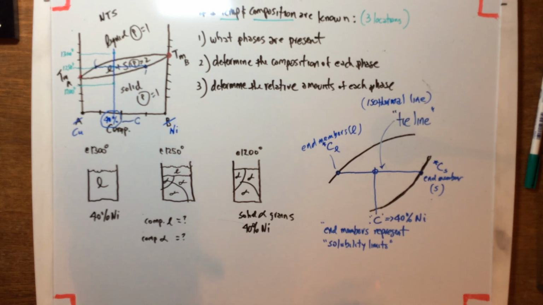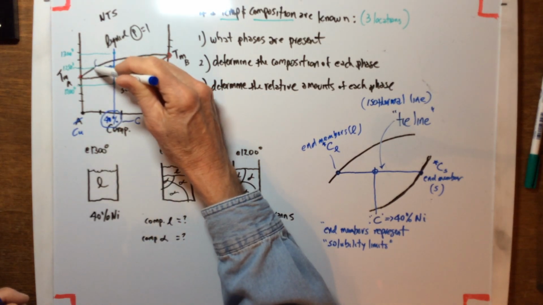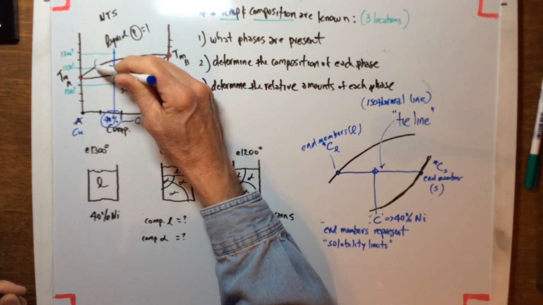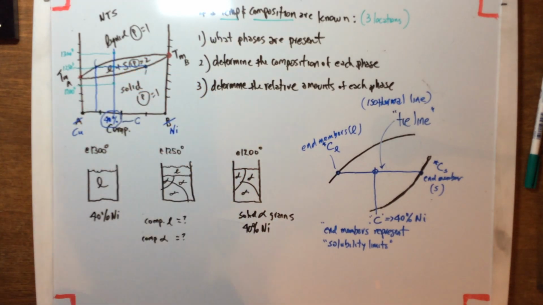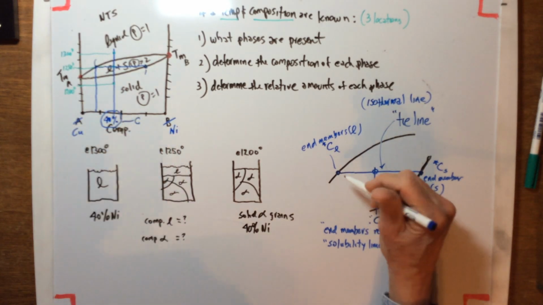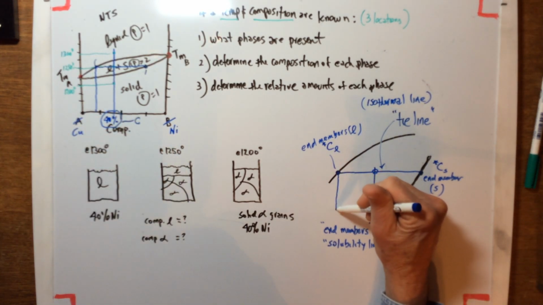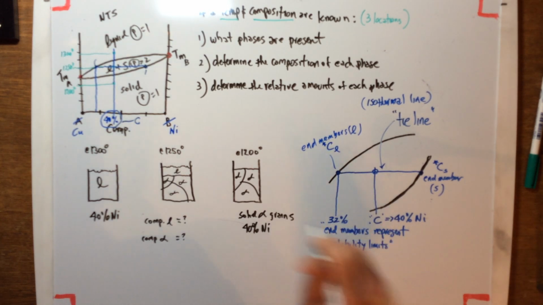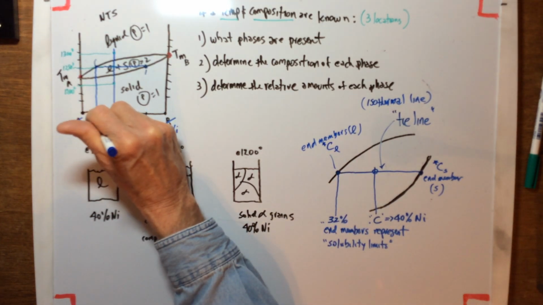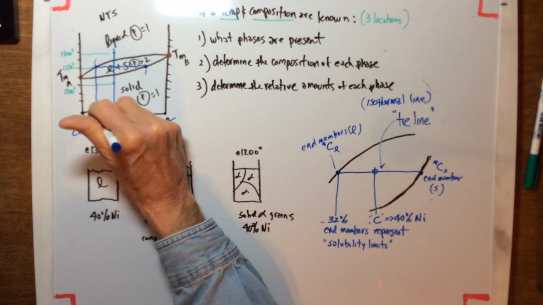So what we need to do in order to find these two compositions is take where this tie line intersects the liquidus line, drop it straight down and just arbitrarily pick out a percentage. If we go down here all the way to the bottom, let's call this 32% right here, where this intersects.